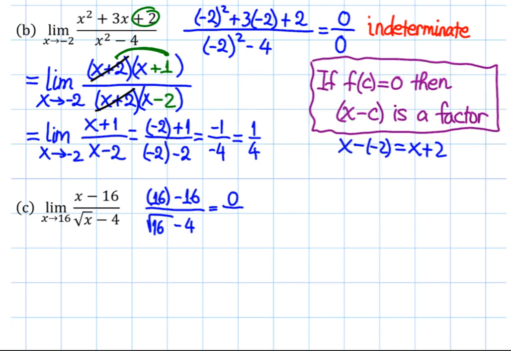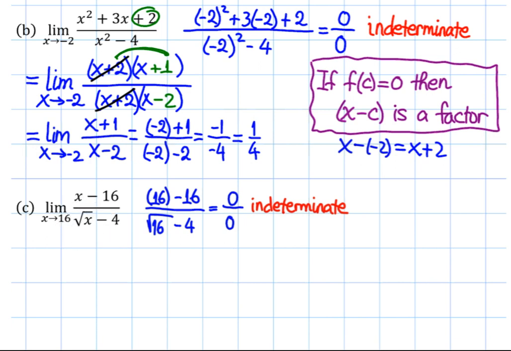The bottom 4 minus 4 also 0. Once again, this is indeterminate. So that doesn't help. We can say that the top and bottom will have the factor of x minus 16, but we're not going to factor here because we have the square root.